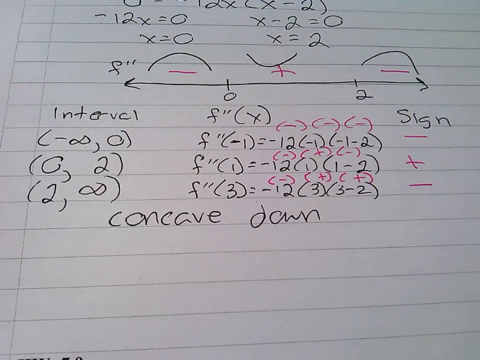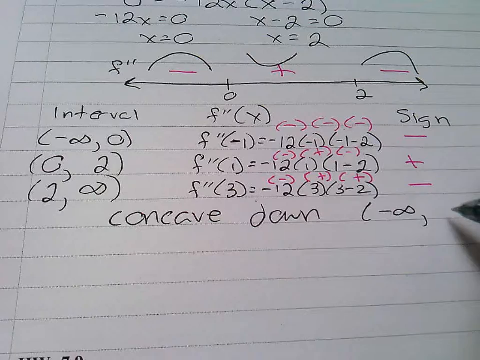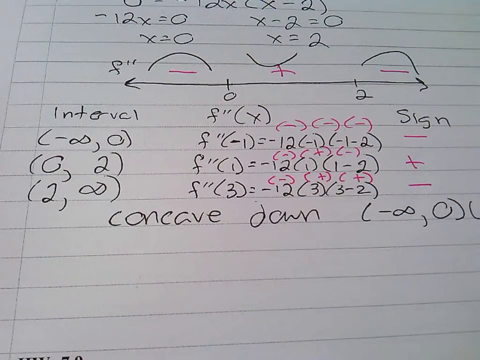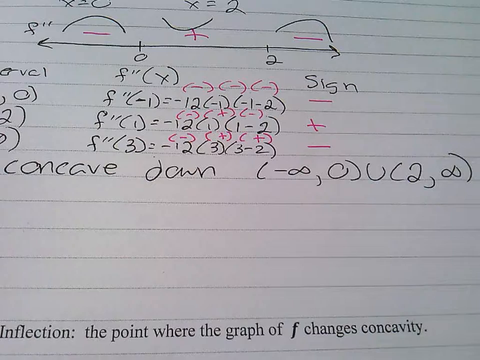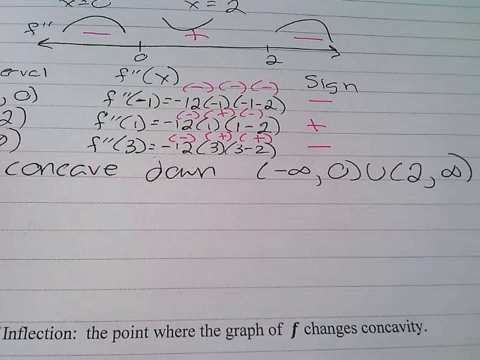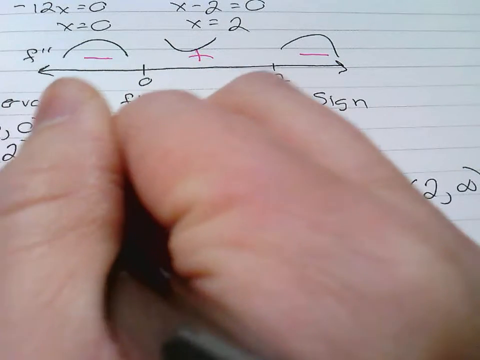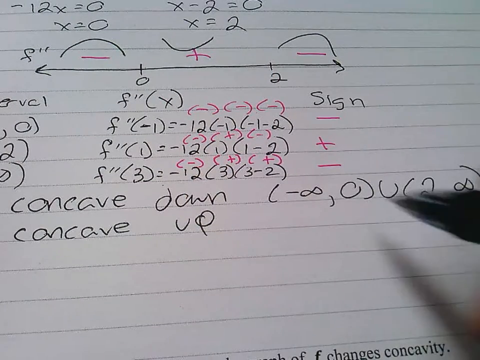Concave down is negative infinity to 0, union 2 to infinity. Concave up is going to be from 0 to 2.